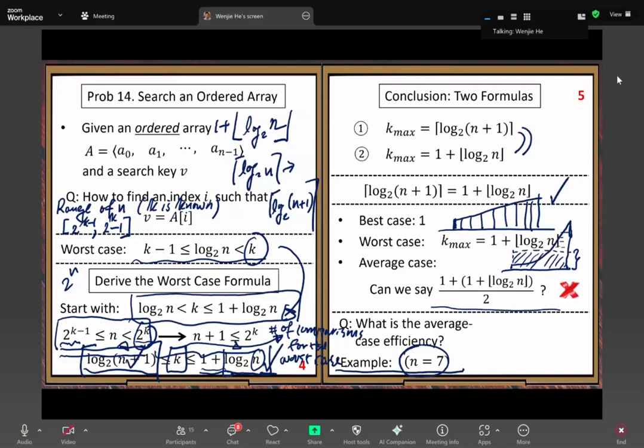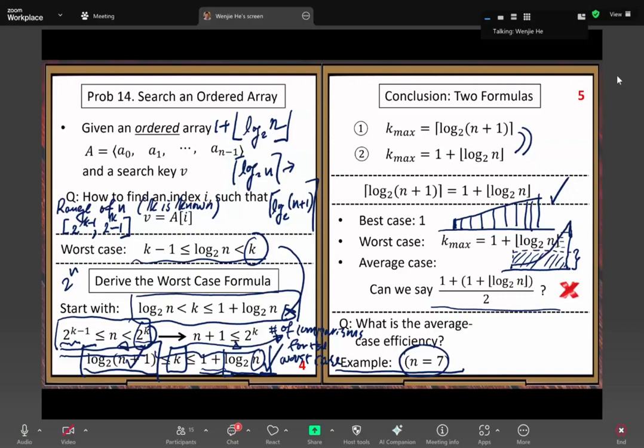For binary search, we need to draw a binary tree corresponding to the binary search steps. That binary tree will be a complete binary tree, so all the levels are full. That's a relatively easy situation.